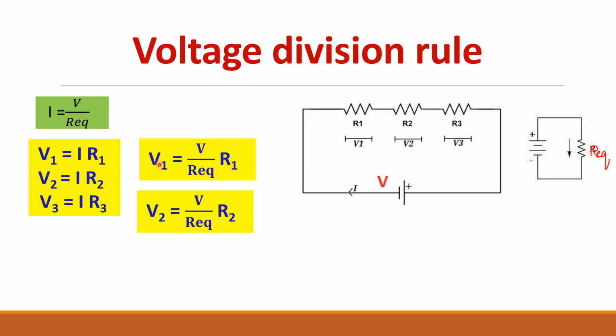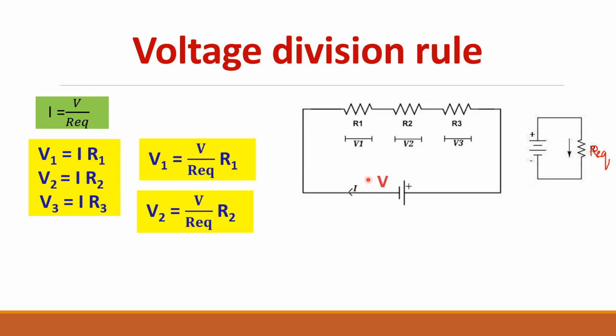So you can see here, if I want to find the voltage across R1, what I have to do? Take the total voltage divided by total resistance, that is the R equivalent, and if I want V1, multiply by R1. If I want to find the voltage across R2, multiply by R2. So this is called the voltage division rule.